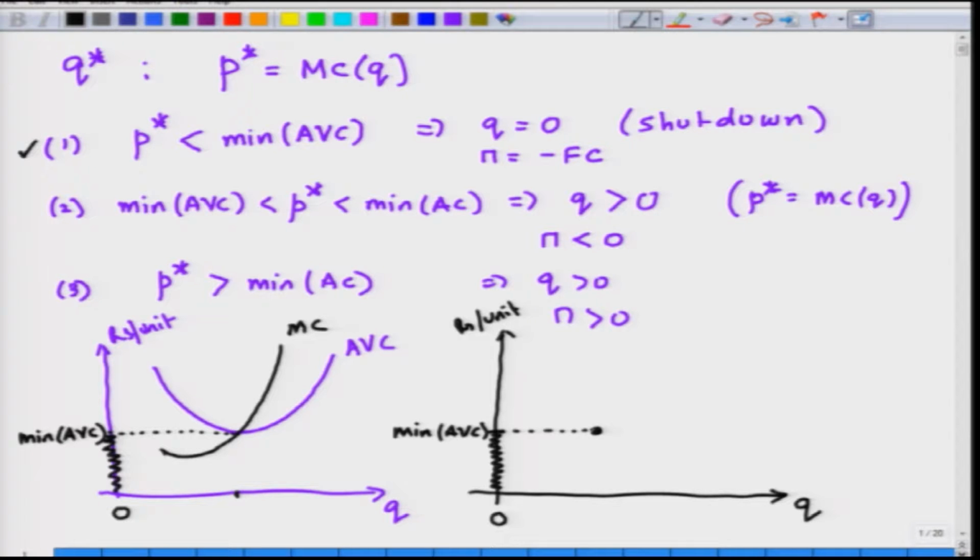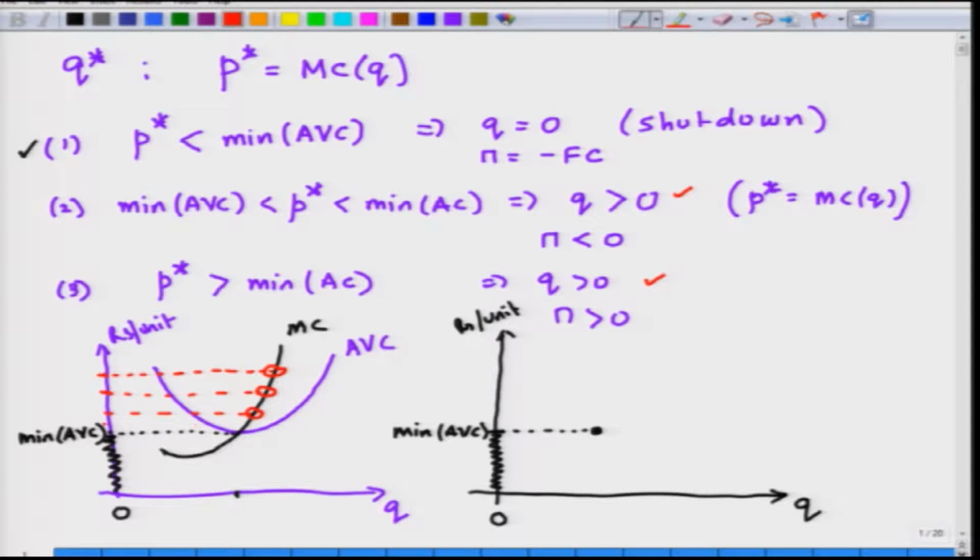And for any price which is larger than the minimum average variable cost, the firm is always going to be producing some positive quantity of output. So, for any of these prices, what the firm does is it reads out what quantity it wants to produce by comparing the price with its marginal cost.